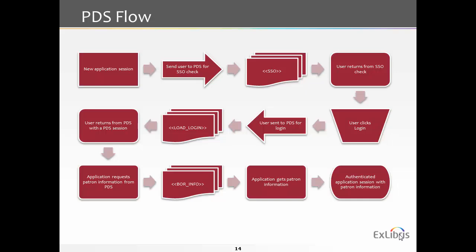If the user did not log in, then we have the load login option, which then PDS sends the user to an external login page. And then once the external login page replied to PDS, we have the BOR info section, which is also very similar to what we've seen before, that PDS can request information from different systems about the user.